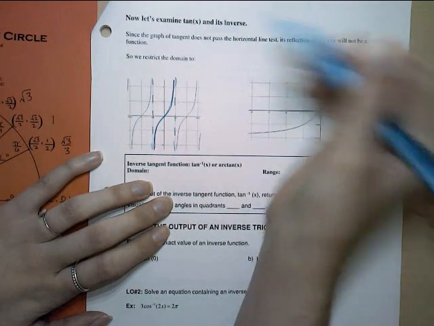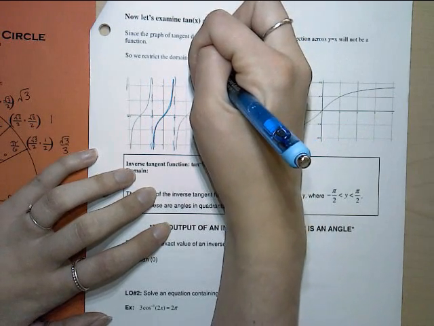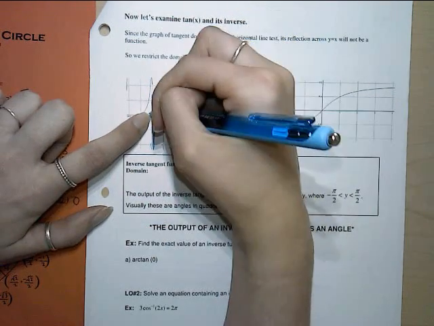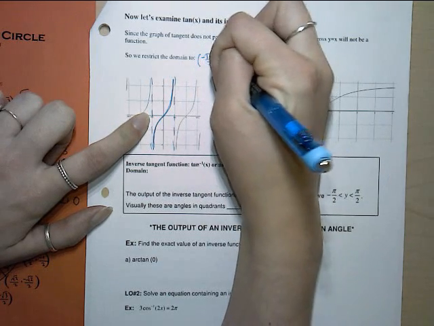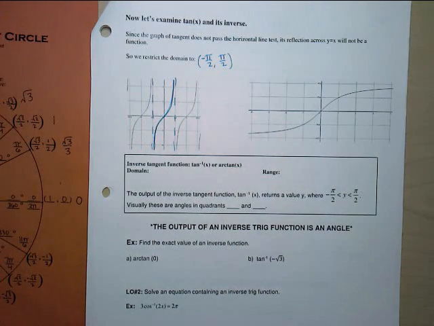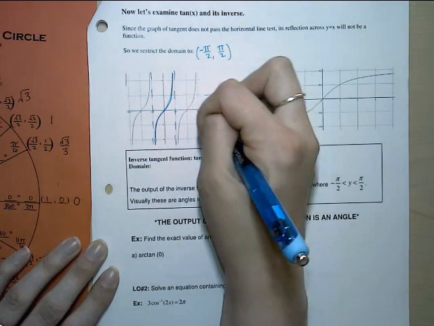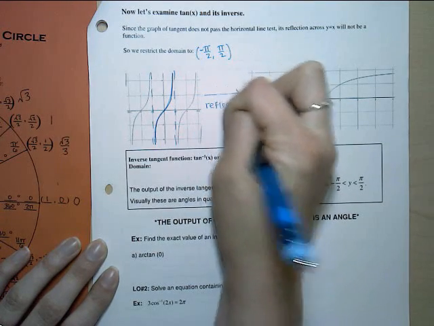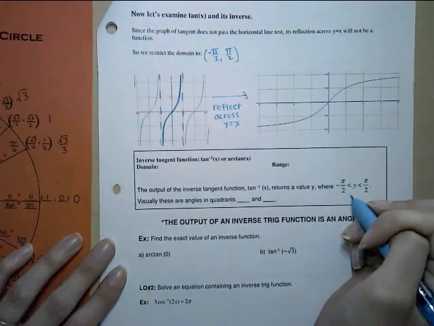Tangent's a little bit different because of the asymptotes. So the difference is that we're doing from negative pi over 2 to pi over 2, but those are not going to be included. So I'm using parentheses instead of brackets. Then again, we're reflecting across y equals x.